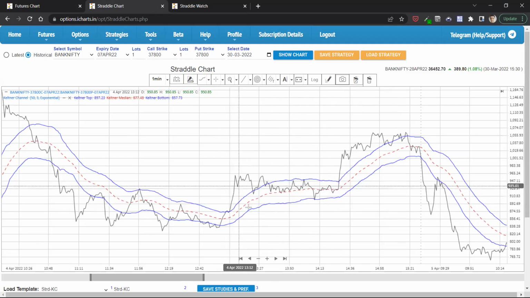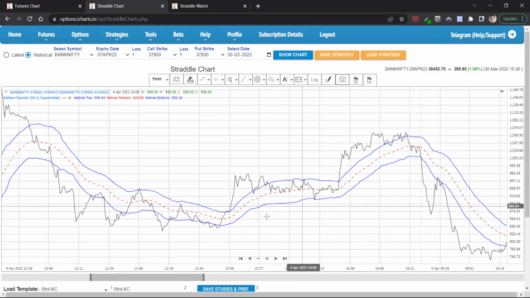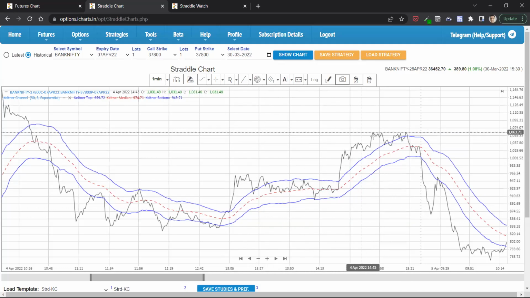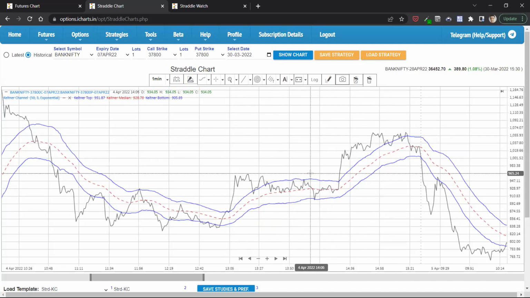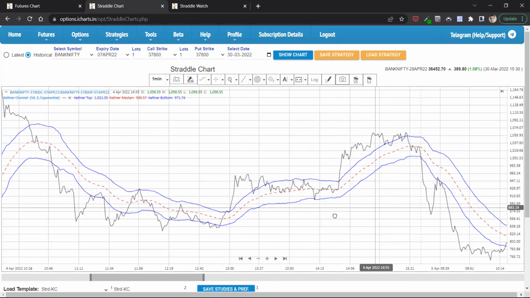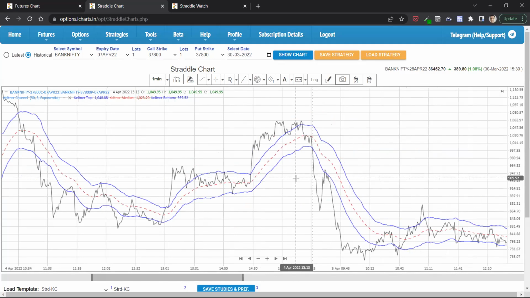In this case, it would not be that bad because your call is only hedged. So if it reverses from here, you would still not be in a too bad situation. And if the straddle continues this way over here, your short put will give you significantly more than the call side. The call side would not lose much because you're hedged.